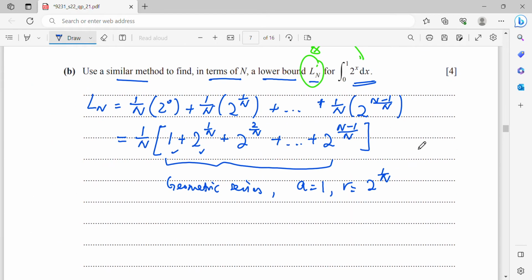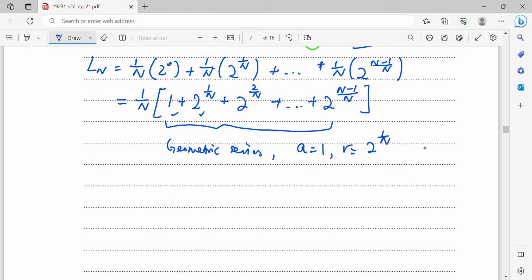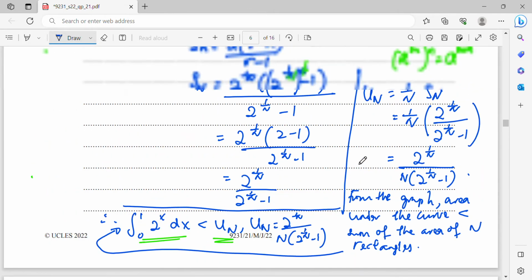So from here, I will say that this is going to be 1 over n, and use the same formula. Our formula is a times r power n minus 1, over r minus 1. This is my r. Use back the same formula as just now, which is this.